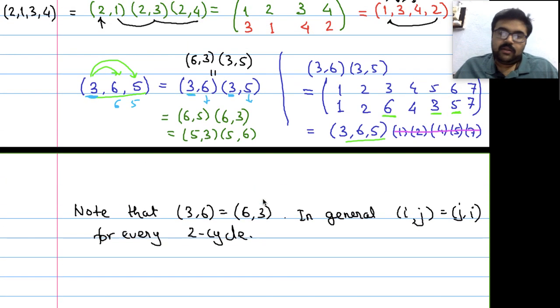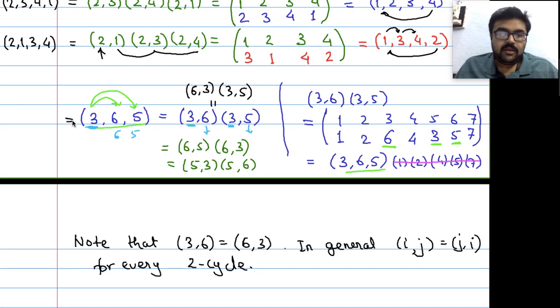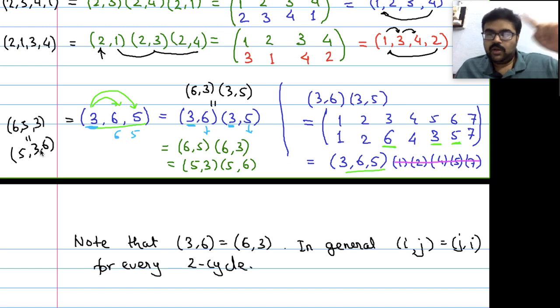We know we can write one cycle in many expressions. So (3 6 5) can also be written as (6 5 3), or as (5 3 6), using the same cyclic order. But for a 2-cycle, if we change the order, it is going to be the same thing.